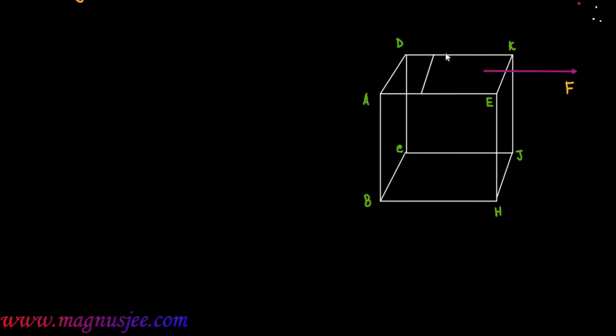Due to application of the deforming force F on the upper face AEKD, the side or the arm AD will move to this dotted line position, and the arm or the side AB will move to the position A prime B prime, and the arm AD will move to the position A prime D prime.